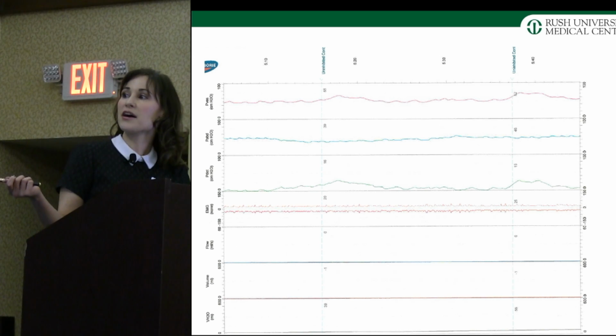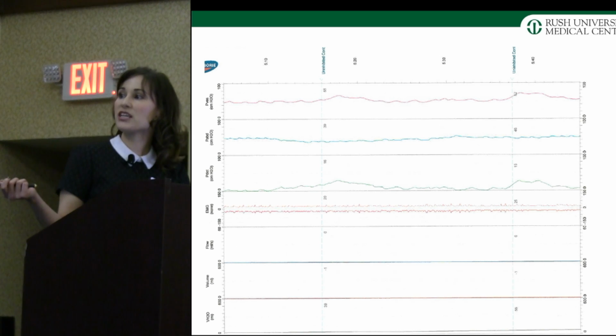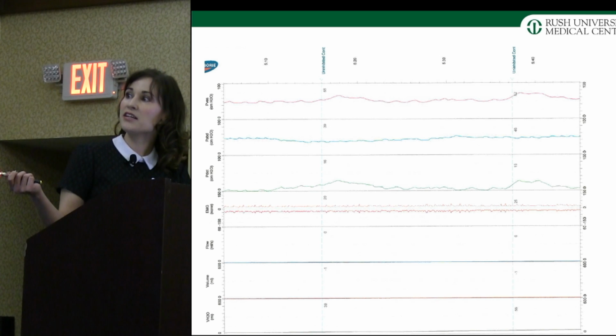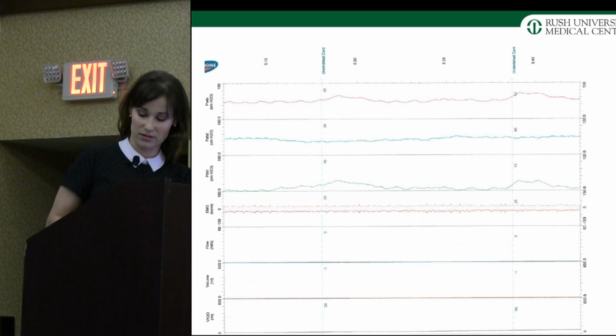Green is your detrusor pressure, then EMG, and our flow rates at the bottom. Our patient's having an uninhibited contraction here. Why? Because the abdominal pressure is quiet, but we have a rise here and a rise here. Same thing right here. The patient is confirming that they're feeling these sensations. There's no leaking associated with this one.